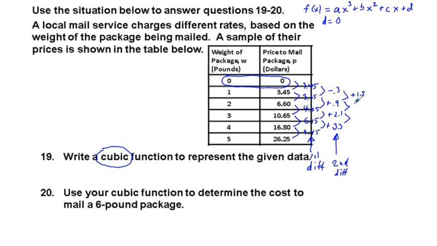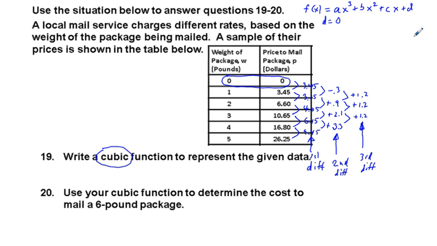Then 2.1 minus 0.9 is also going to be plus 1.2. Then 3.3 minus 2.1 is also going to be plus 1.2. So these are all the same, which is indicative of a cubic function. So I'll put down third difference here.